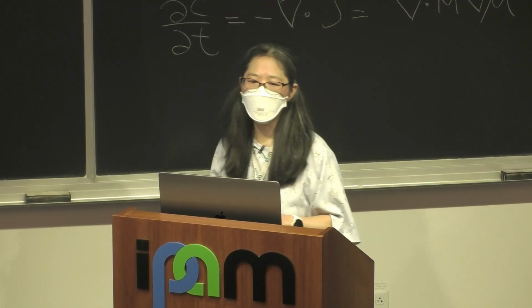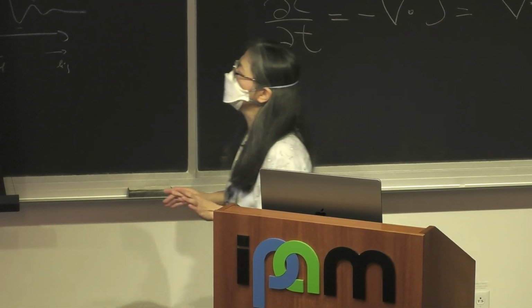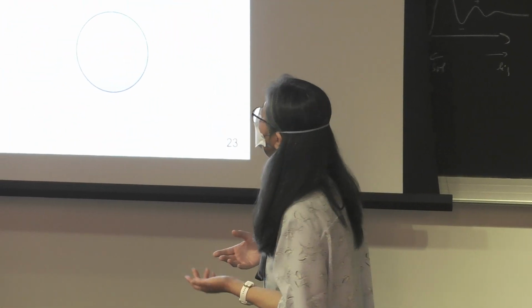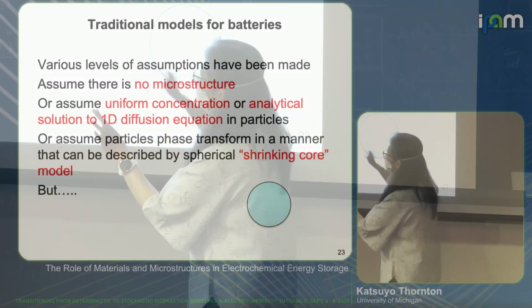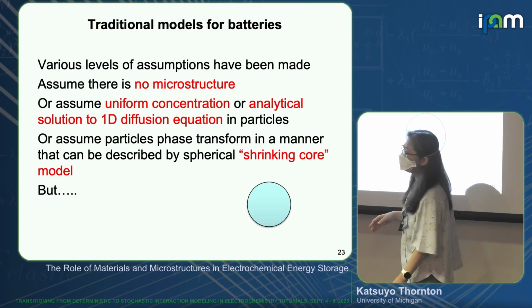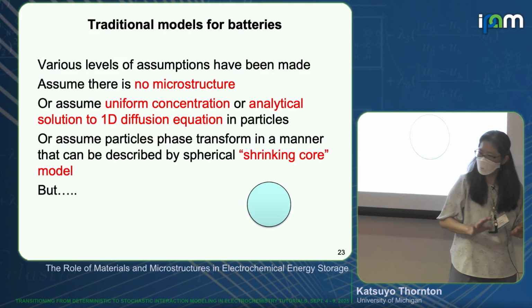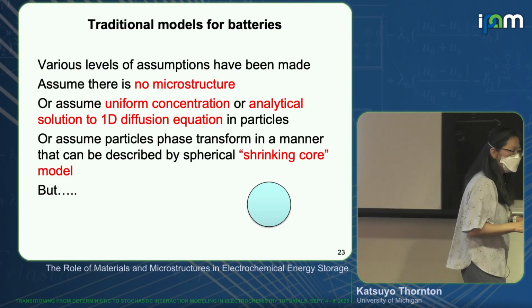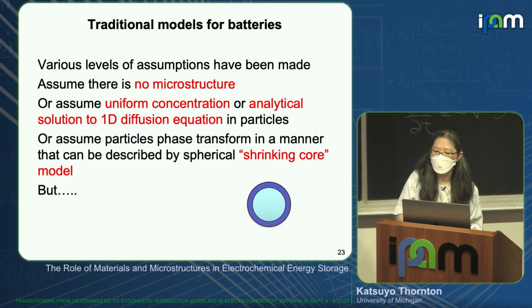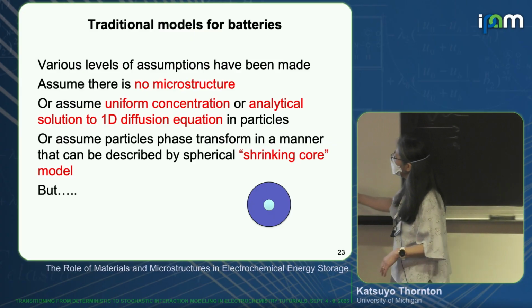Okay, so in traditional battery models, there are a lot of assumptions that go into it, but often, for the most part, microstructure is ignored or it is assumed that the concentration is uniform along that line, right? So there are a lot of assumptions. One better assumption would be something called a shrinking core.